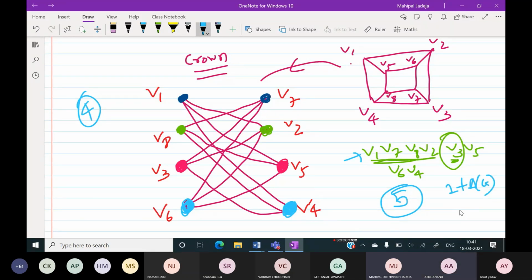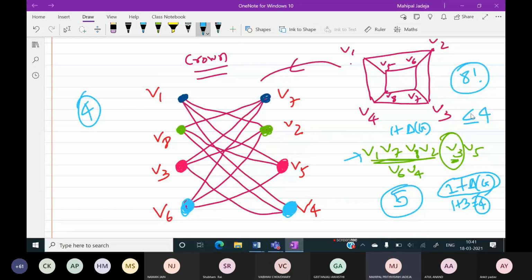Right? So the answer is 4. So irrespective of how bad your ordering is, the algorithm will definitely give us an answer within this range. मतलब उसका answer हमेशा 1 plus delta से कम होगा. Out of 8 factorial orderings, whichever ordering you choose, the answer will be definitely less than or equal to 4 for all the orderings.